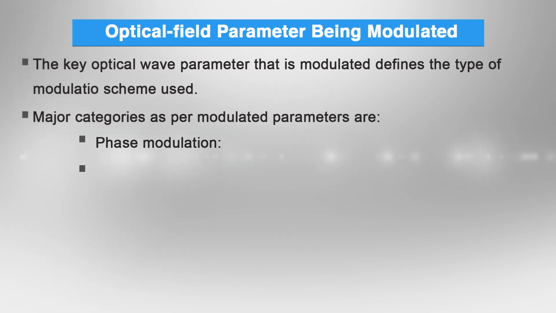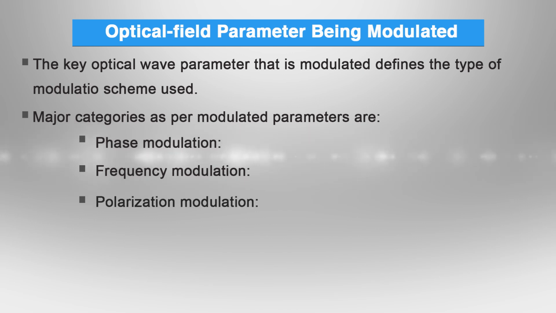The phase of the optical carrier wave is varied to encode information while its amplitude remains constant. This can be implemented via refractive index modulation. Second is frequency modulation. The frequency of the optical carrier wave is varied based on the message signal, while its amplitude and phase remain unchanged. Next is polarization modulation.